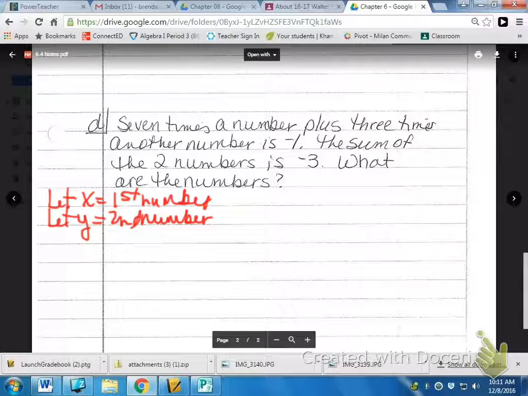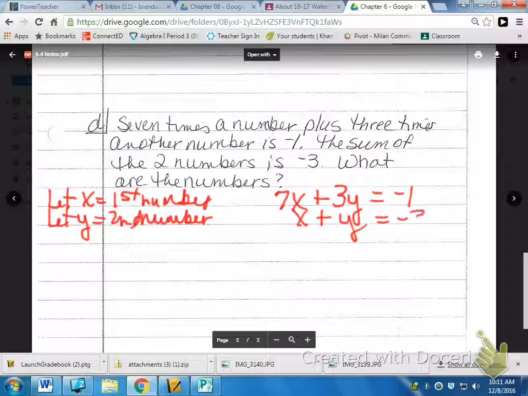So 7 times a number, 7x, plus 3 times another, 3y, equals negative 1. The sum of the two numbers is negative 3. What's that look like? x plus y equals negative 3.